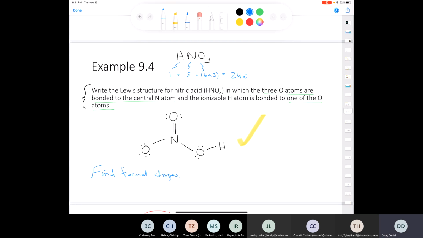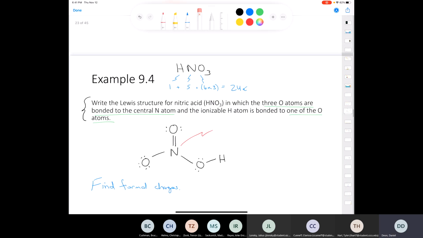Some people are saying there's a +1 charge on the nitrogen. I think those people are 100% correct. Nitrogen has a total of 5 valence electrons. It's surrounded by 4 sticks and 0 dots. That gives me a charge of +1. I can write that like this. There's a positive charge on my nitrogen. And then Bruce says the oxygen on the left has a formal charge of -1. He's also correct.